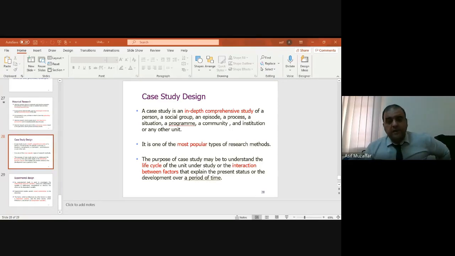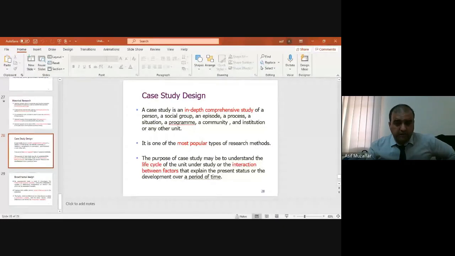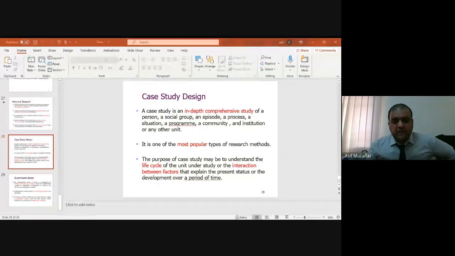This is a case study because it relates to only one unit or one type of organization or company. So we will call it a case study. Now, in a case study, it's applied in a sense that you will find a solution for them. Okay, it can be applied, it can be basic as well.